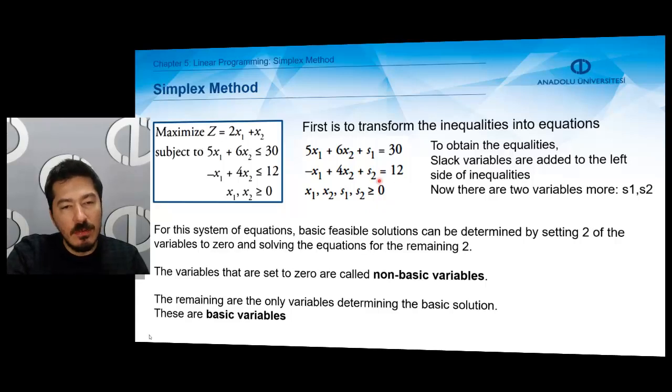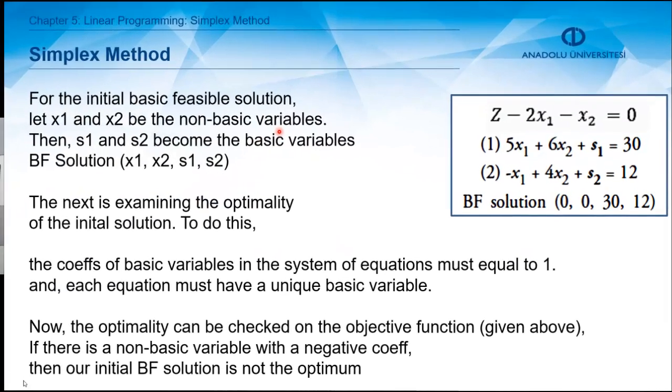For this system of equations, basic feasible solutions can be determined by setting two of the variables to 0 and solving the equations for the remaining two. The variables that are set to 0 are called non-basic variables, and the remaining are the only variables determining the basic solution, and these are the basic variables.